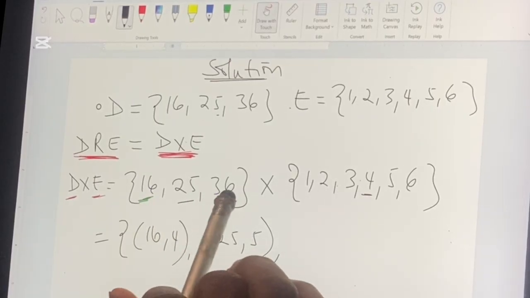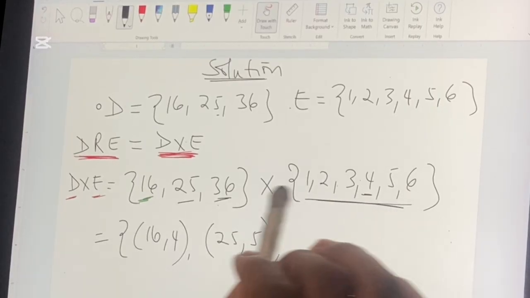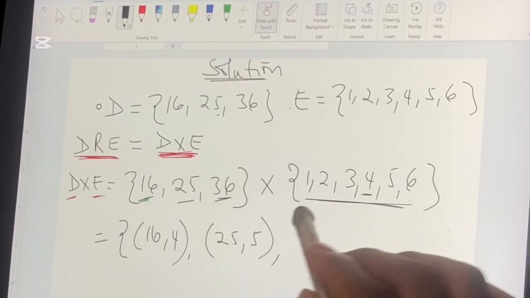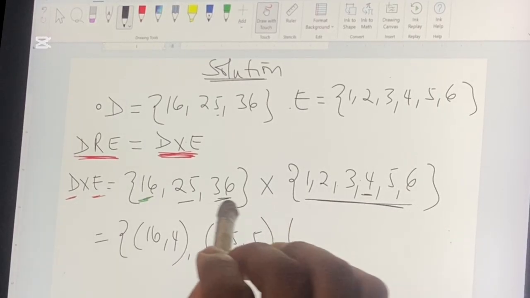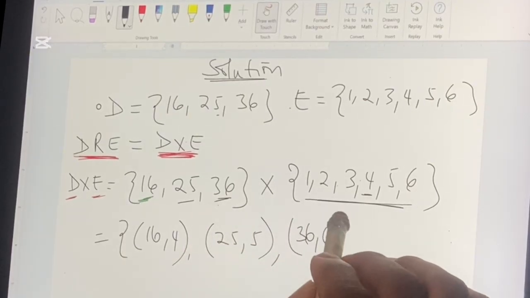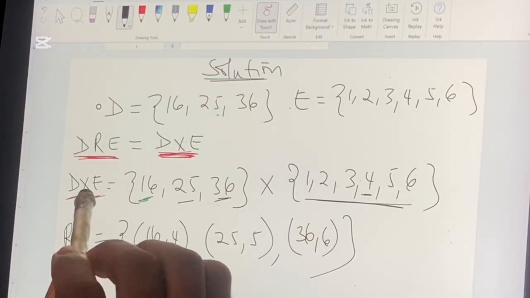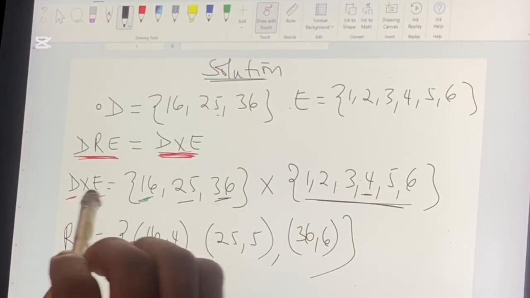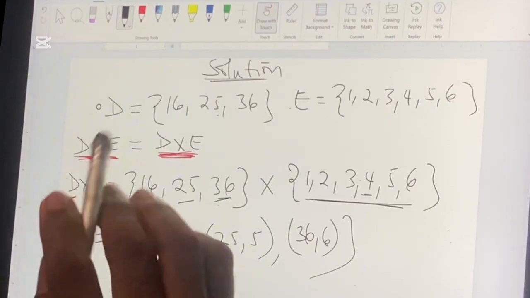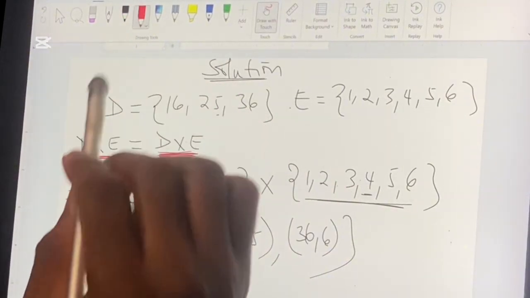Now move to 36. 36 will relate with its square root, 6. Representing this in an ordered pair, this will be 36, 6. Please take note. So this is my relation. The multiplication of two sets in a Cartesian product is said to be a relation. So this is my relation.